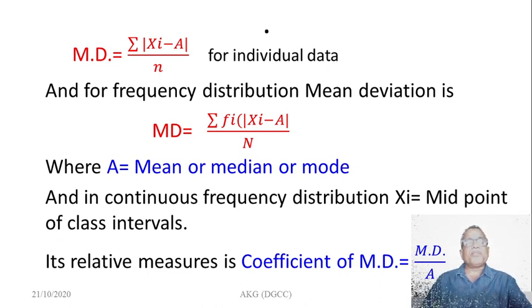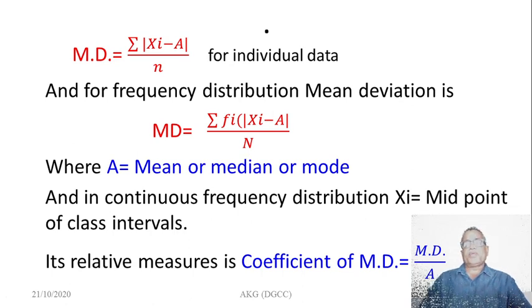If you want to compute the mean deviation from the median, here a is equal to median, so we write summation mod xi minus median divided by n. So from whichever average we want to take the deviation, write the value of a here. It may be mean, median or mode. And for a frequency distribution, this formula is used.